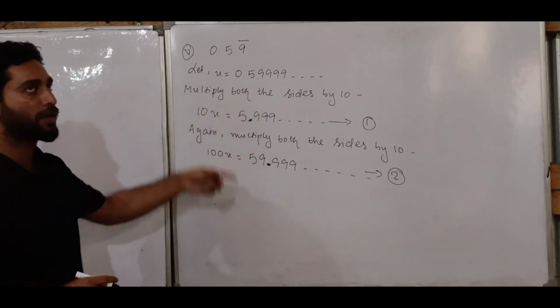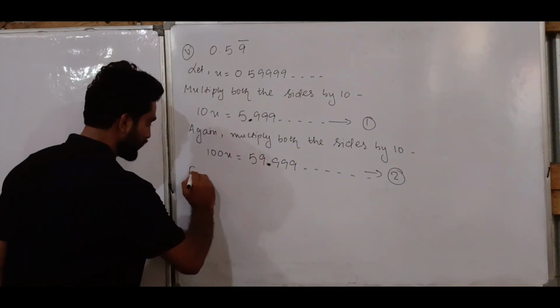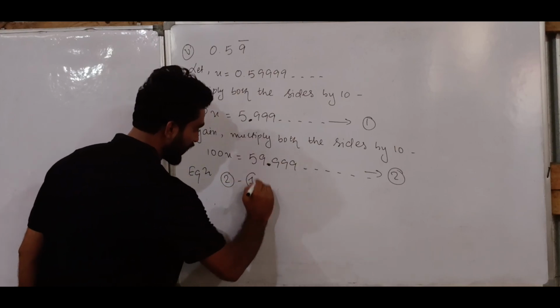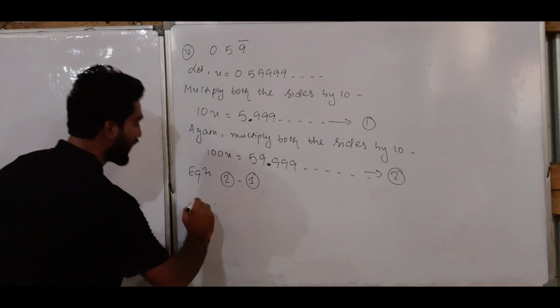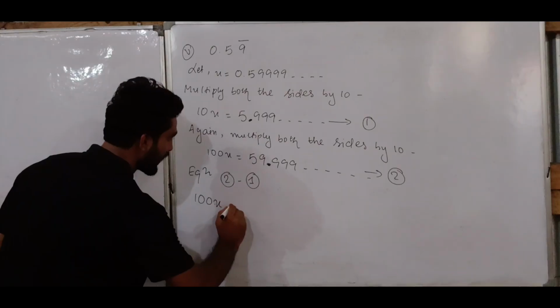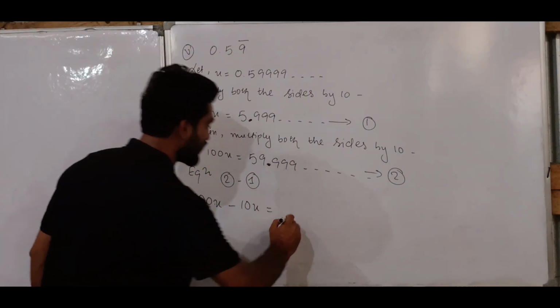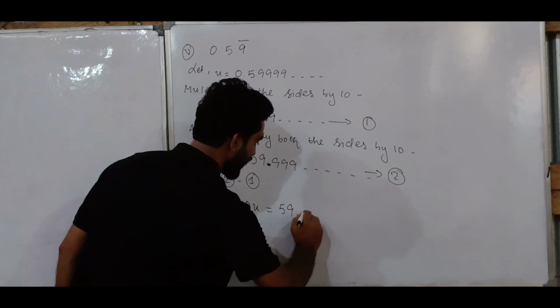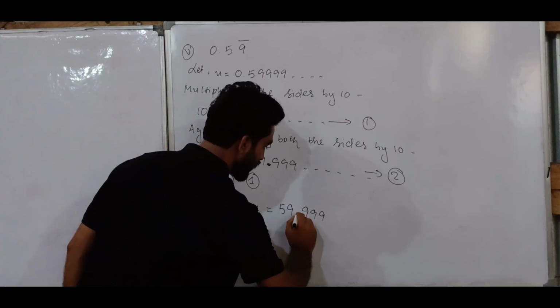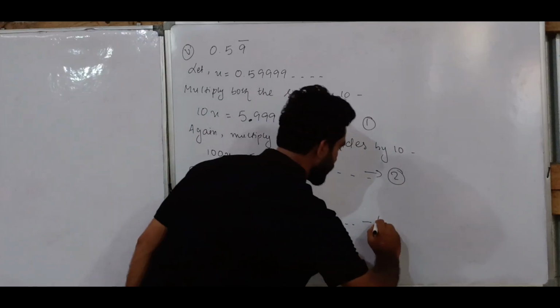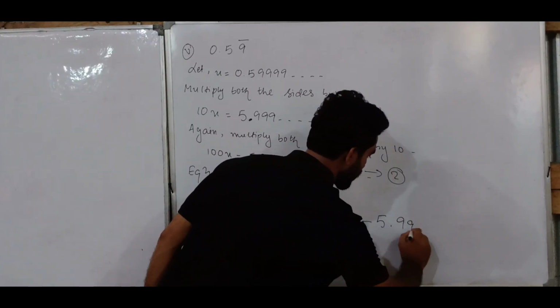Now subtract equation 1 from 2. Equation 2 minus 1. So what we will get? 100x minus 10x is equal to 59.9999 minus 5.9999.